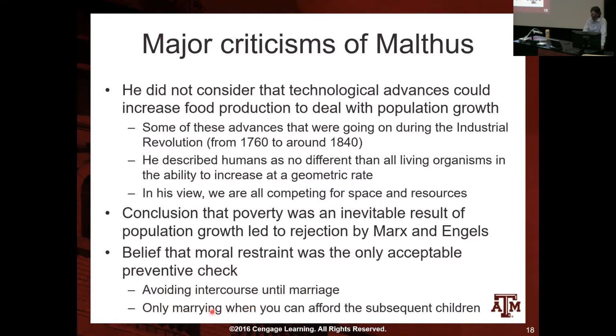And you would get married only when you can afford the subsequent children. So his preventive checks did not really work in how our societies are organized, because people do not practice abstinence 100% until marriage, and people do get married, even in some cases, when they are not in a really good economic situation to have children.